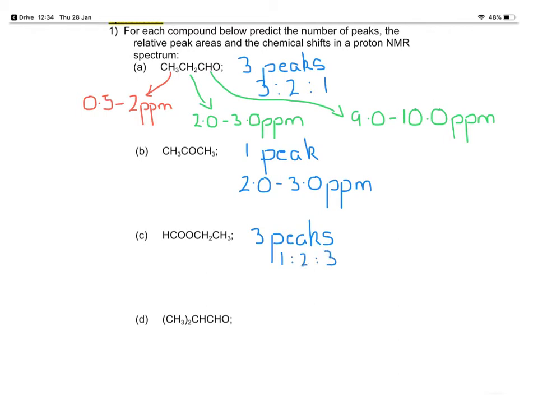Now I've got to go and assign chemical shifts to each of these peaks. So this proton at the end then is joined to a carbonyl group like you would find in an aldehyde. So the chemical shift will be between 9 and 10 parts per million.